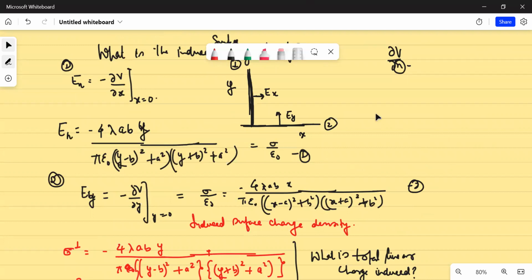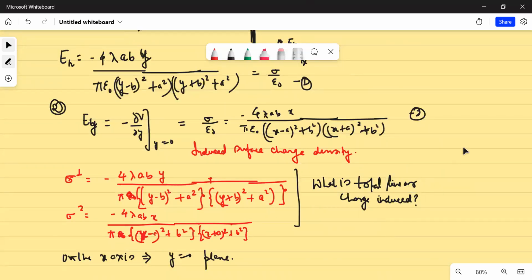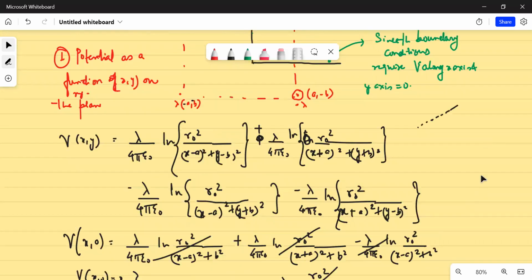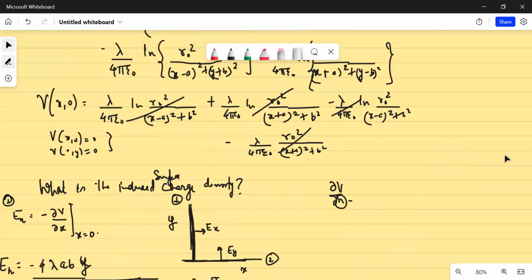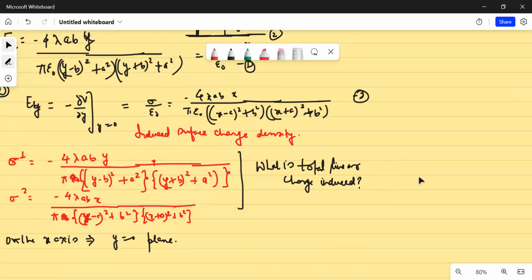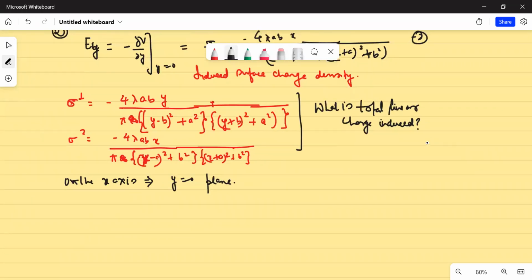Yes, sir. Okay. Now, one needs to find the total charge induced, but the problem statement was given in terms of linear charge density. So it would be nice to find the total linear charge density induced on the two planes.